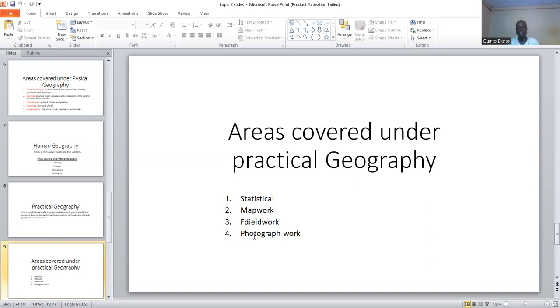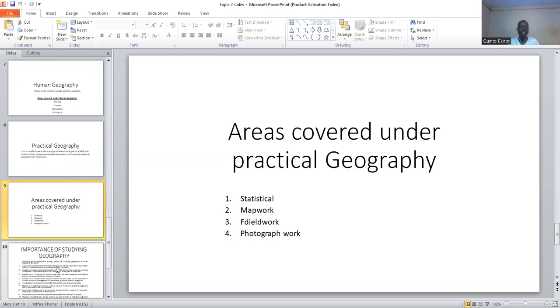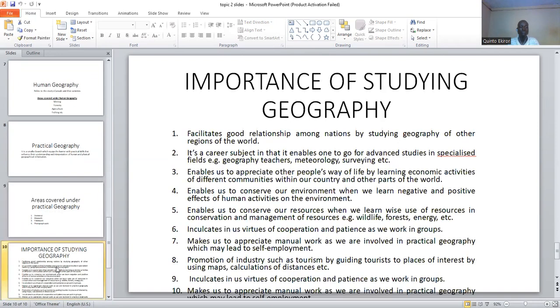That is all about areas covered under practical geography. Is there any question before I proceed? Okay, if there is no question, let me now proceed to the last subtopic, which is importance of studying geography.